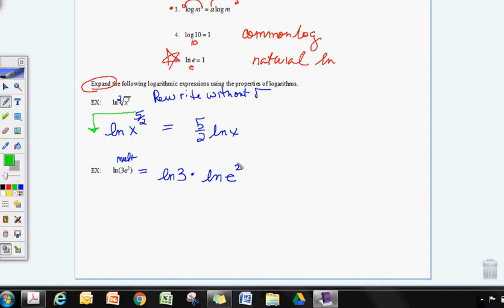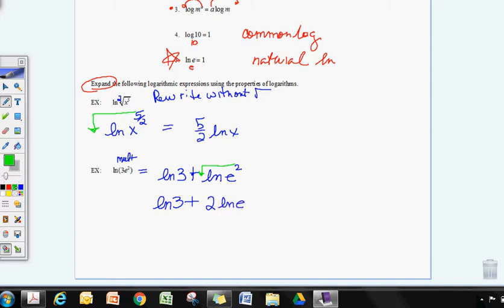Now, remember, I want to get everything out of the exponents and expand it out as far as I can. I see that that 2 can come out in front, and I get the natural log of 3, after I said addition, added on to 2 natural log of e.